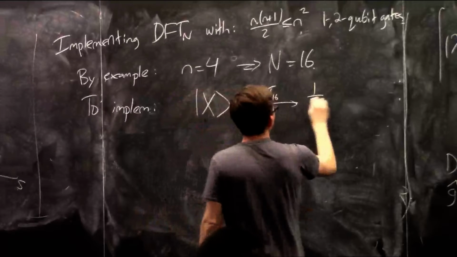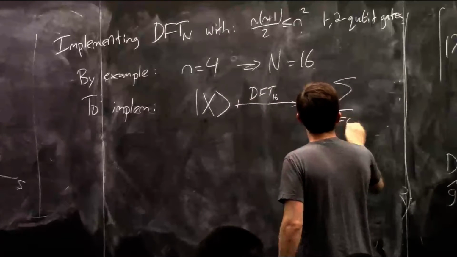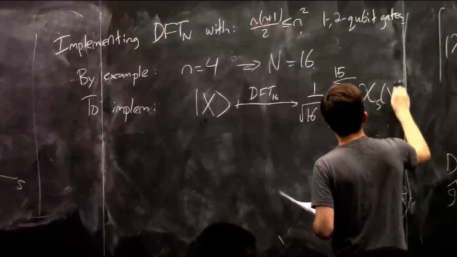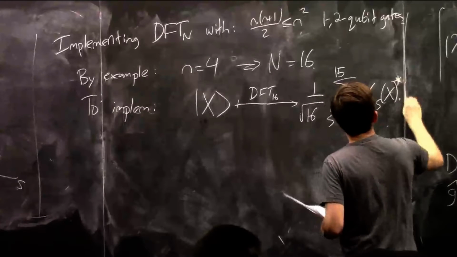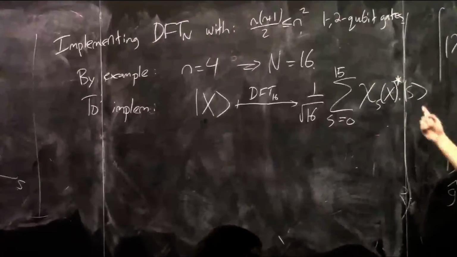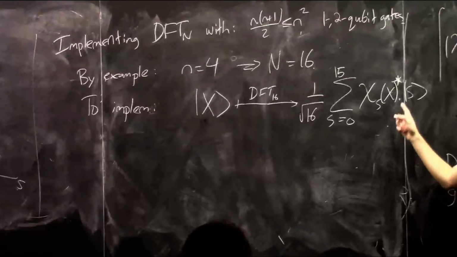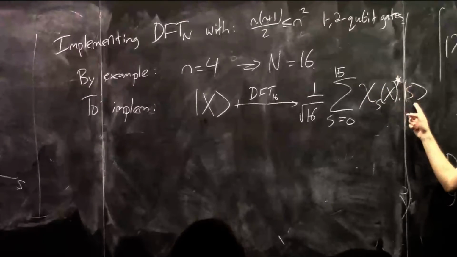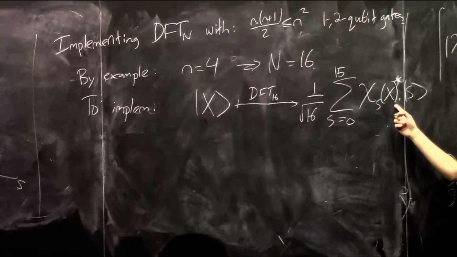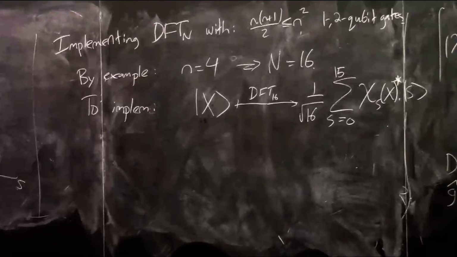And it's supposed to output this state, 1 over root 16, sum s goes from 0 to 15 of chi s x star, ket s. So this is some other 4 qubit state, because s is also represented by 4 bits. And we're just trying to get these funny amplitudes onto each of the 16 kets. And the amplitudes depend on both x and s, like in that matrix.